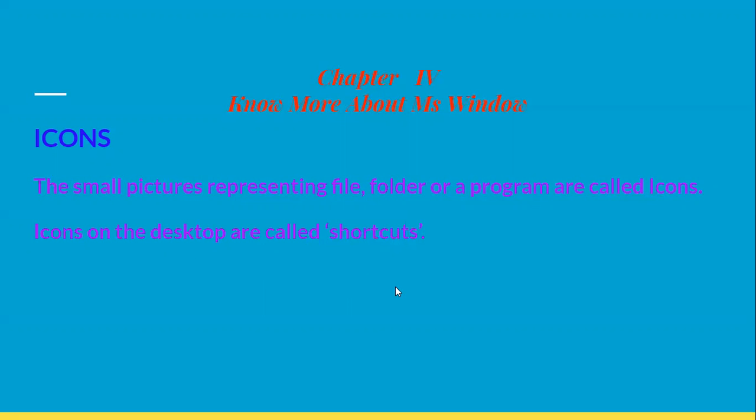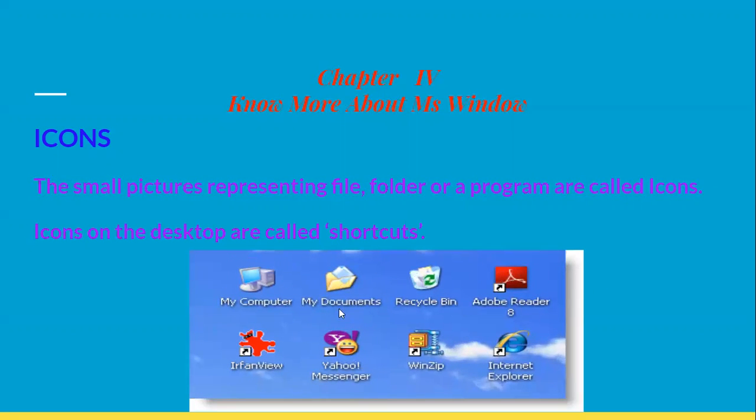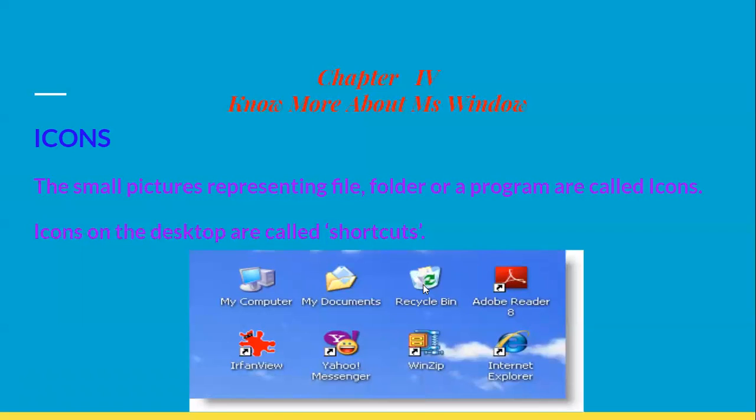Now in this chapter, I'll show you that there are different icons. Look here, some pictures of icons which are present on our desktop. All of you recognize this Internet Explorer, Adobe Reader, and this is the image of the recycle bin, where all our deleted files are.